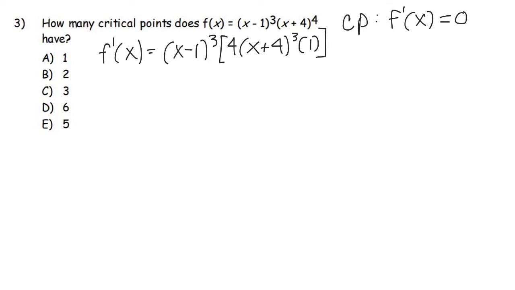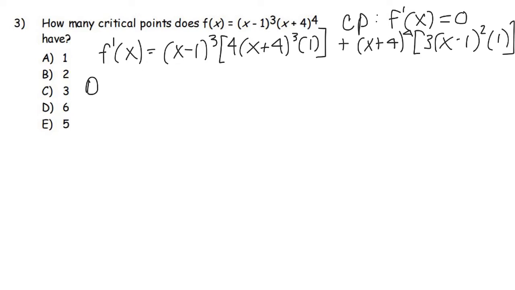okay, plus, and then it's going to be the second, so we have x plus 4 to the fourth times the derivative of the first. And the derivative of the first, we need our chain rule, so we're going to have 3 times x minus 1 squared times the derivative of the inside. And so let's clean this up a little bit and see what we can do with it.